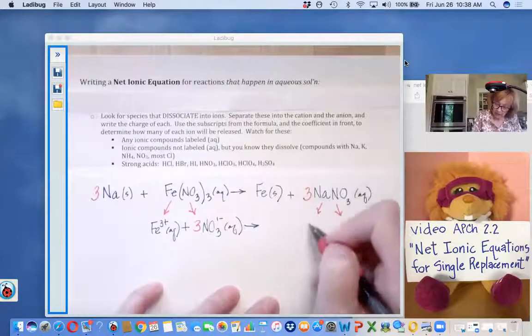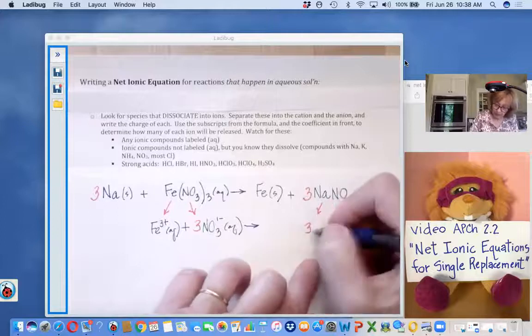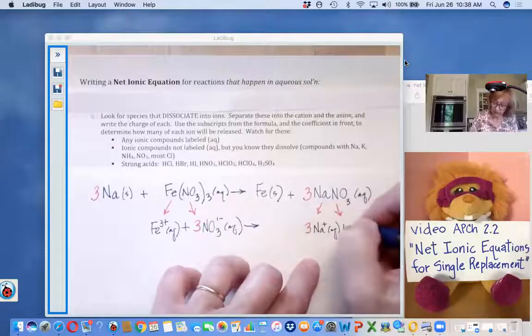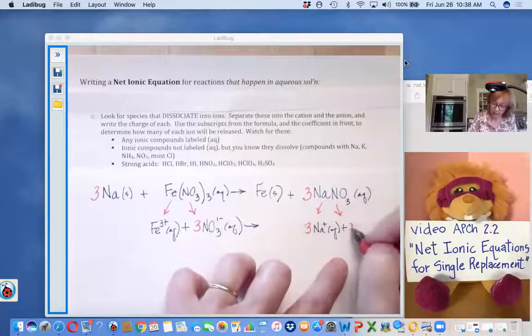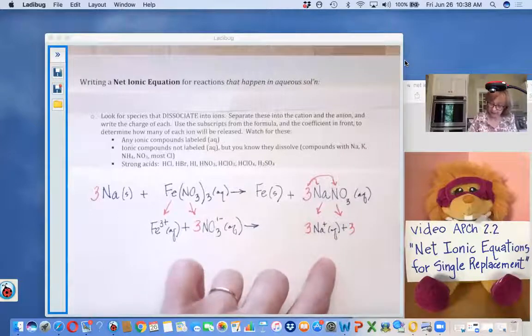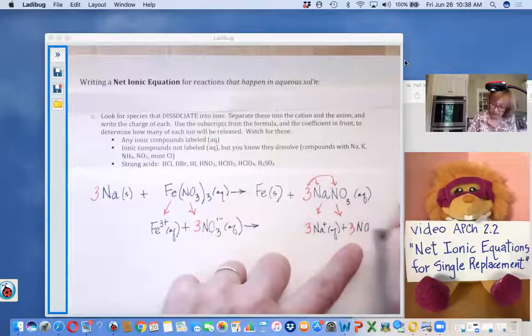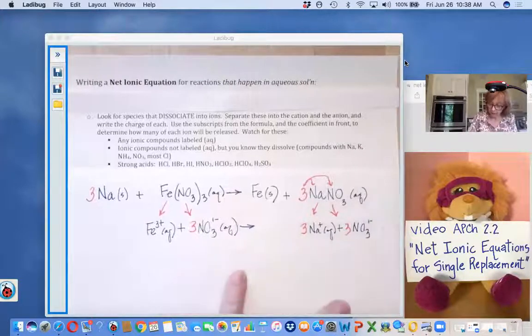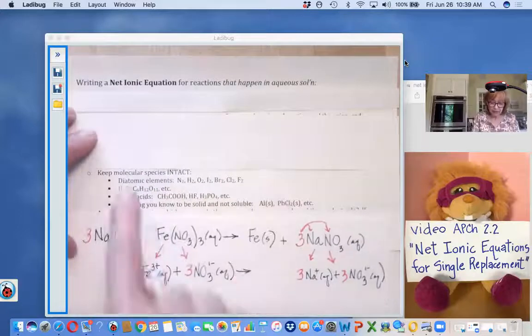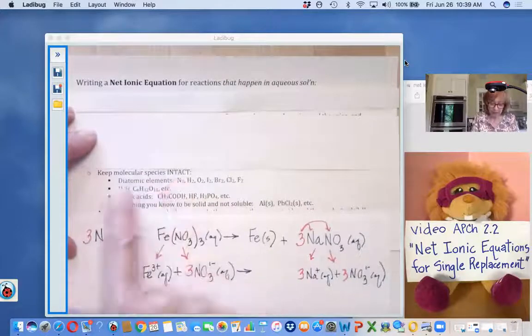And I'm going to have 3 separate sodium cations in solution, and I'm going to have 3 separate nitrate anions also swimming in solution.